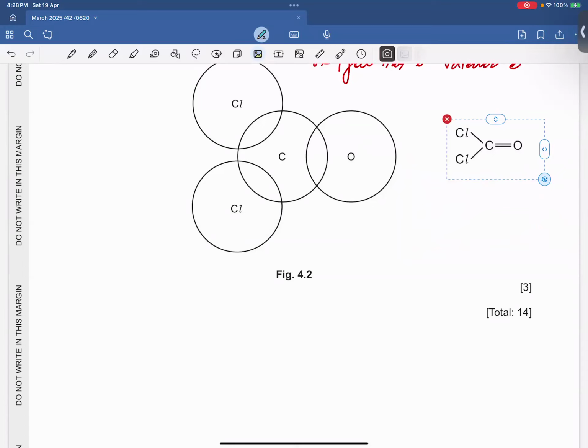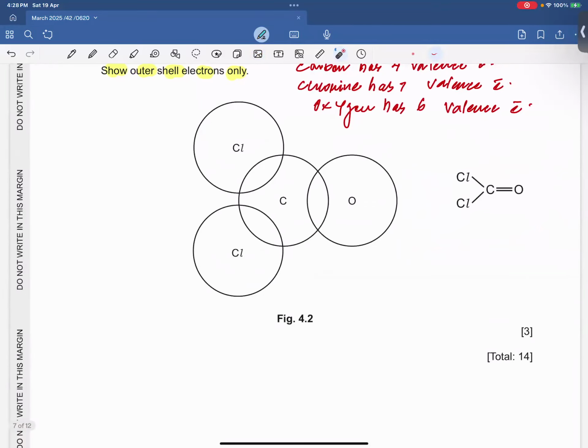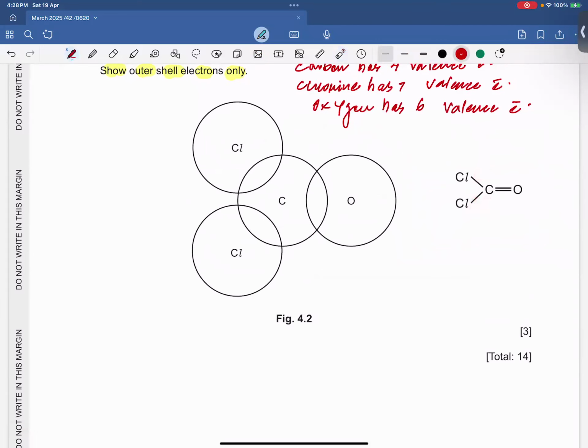This diagram shows that carbon and chlorine have a single covalent bond, which means 1 electron of each element is shared together. So carbon has 4 valence electrons: 1, 2, 3, and this one is 4. And oxygen has 6 valence electrons: 1, 2, 3, 4, 5, 6.